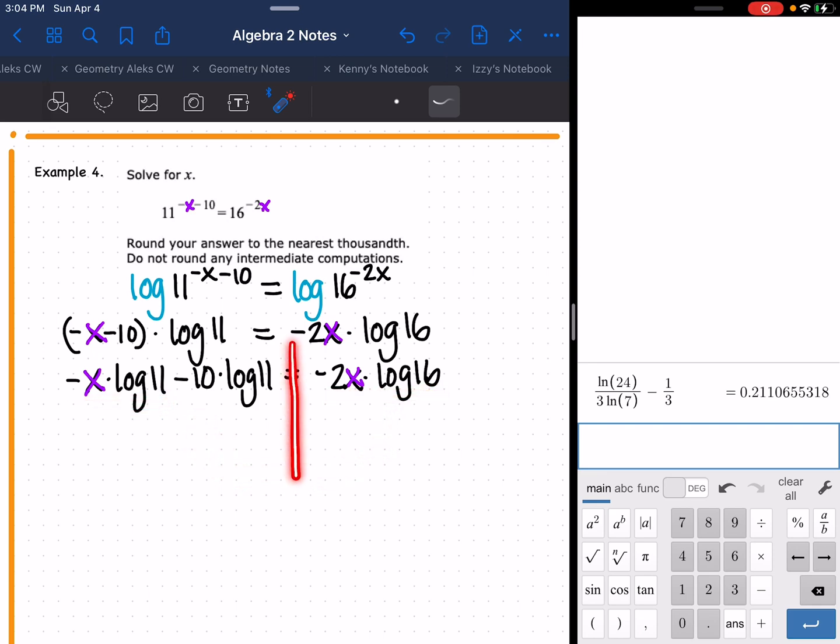Remember, whenever you are moving over your equal sign, you're going to be adding this. So this is just simply going to become plus log of 16, and I'm going to cancel it out and add it over here. Likewise, since this one does not have a log, I want to move it to this side. So basically, these two are going to swap places.